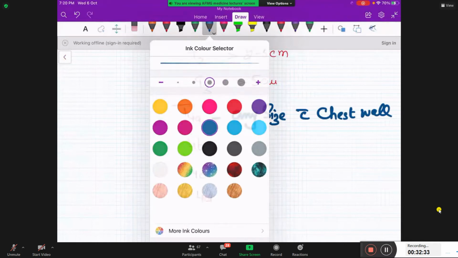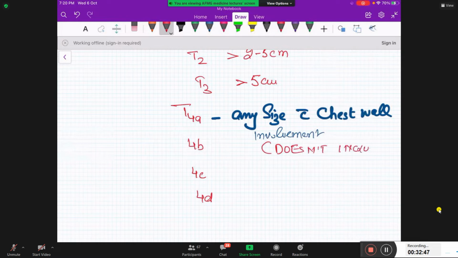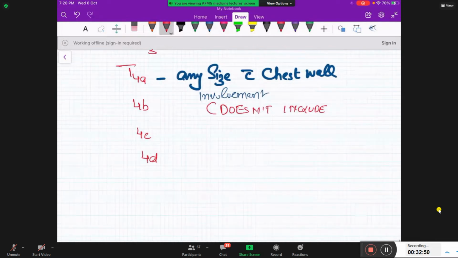Please highlight it in your notes: chest wall involvement does not include pectoralis major muscle involvement.